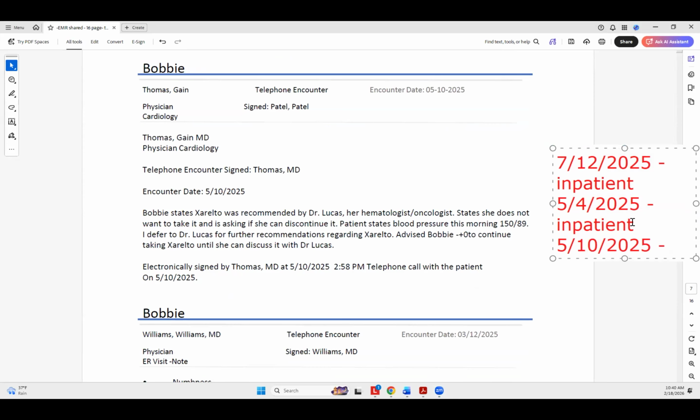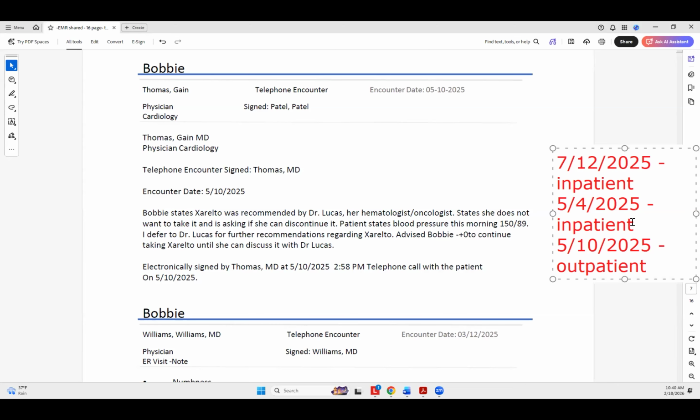All right, so we have Patel, cardiology, telephone encounter. Patient states the medication was recommended by Dr. Lucas, states she does not want to take it. So is this inpatient or outpatient? Right, an outpatient. 5/10 is an outpatient.